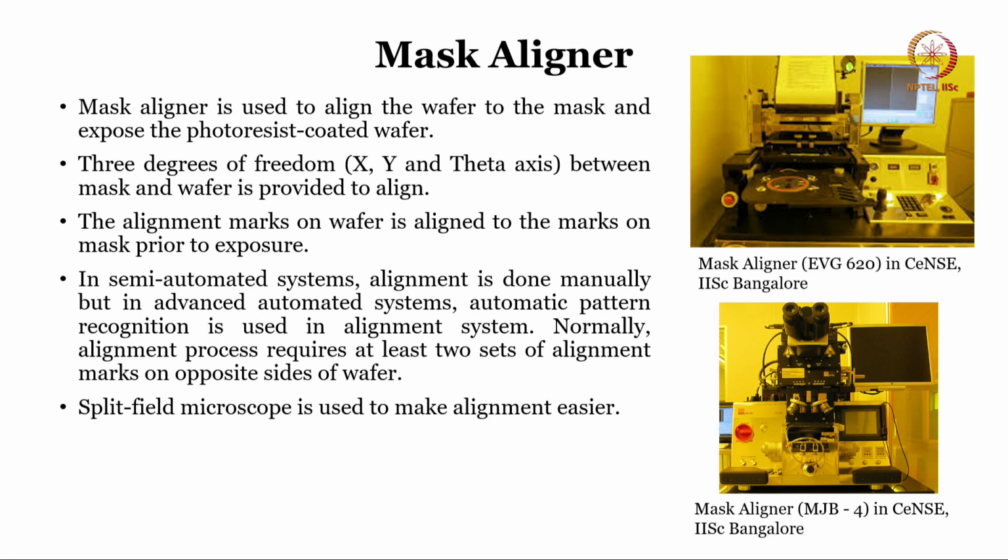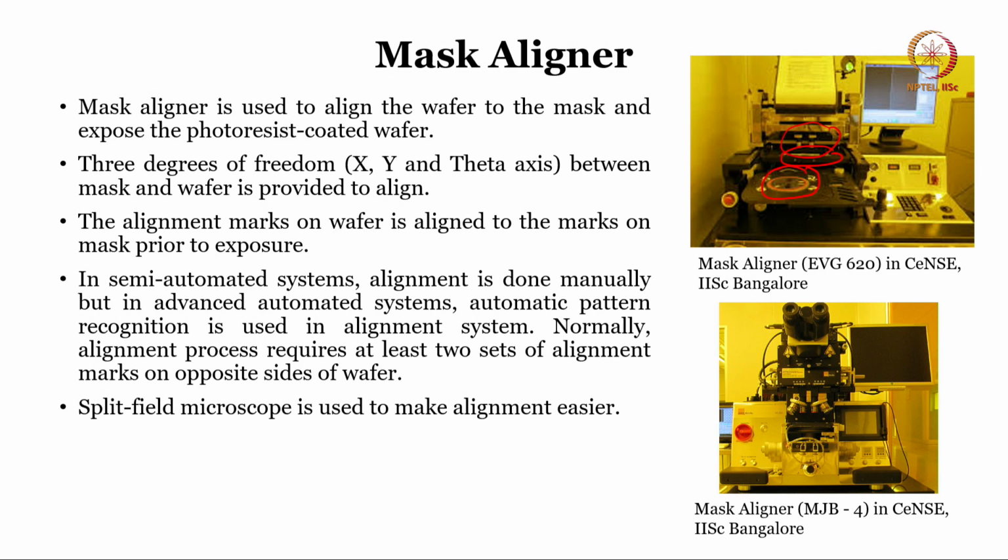Now, how will the mask aligner system look? We have a recorded video, but these are also some of the mask aligners in our center facility. This is EVG 620, and you can see where the wafer can be loaded and where the mask can be loaded, and you have a bright field microscope and split field microscopy where you can see the alignment marks simultaneously.